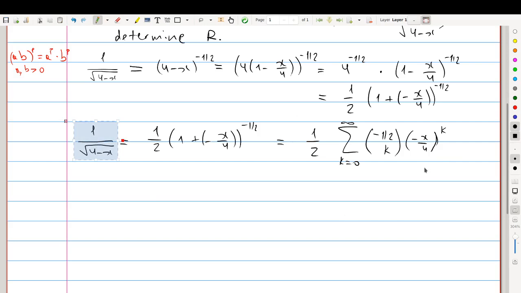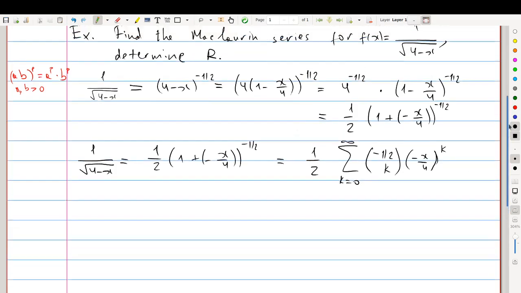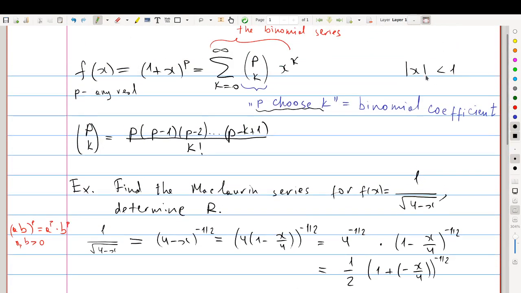Now, in principle, we could leave this in this form or simplify it further. Before we start simplifying this expression, let me first ask, how do we determine the radius of convergence of this series? We know that the binomial series here converges when its argument has absolute value less than 1.